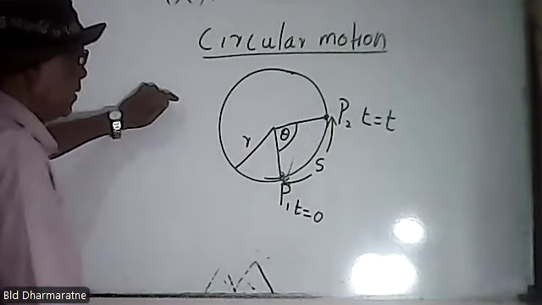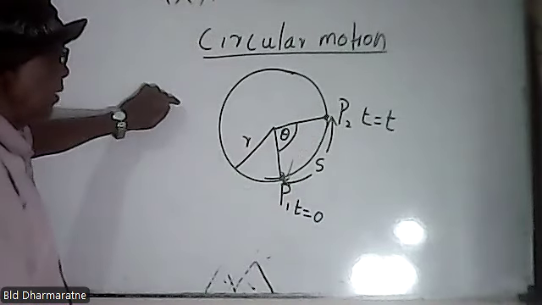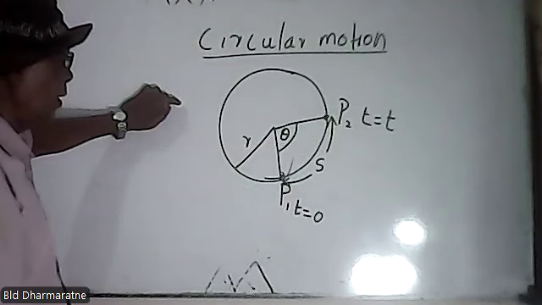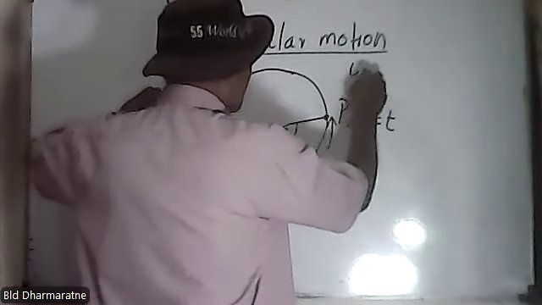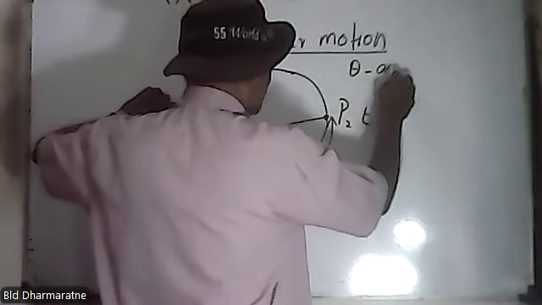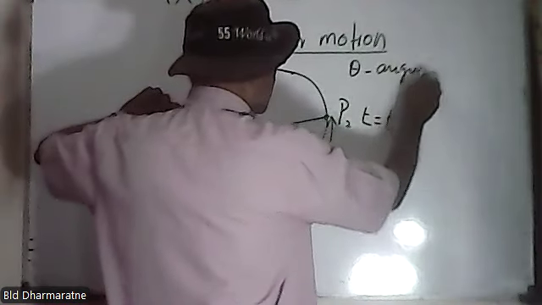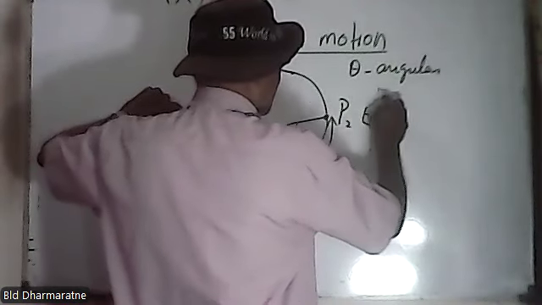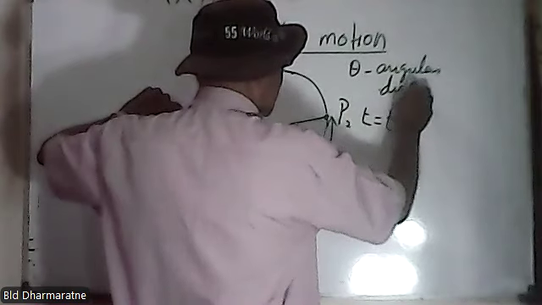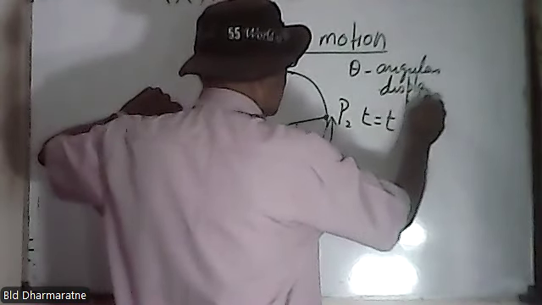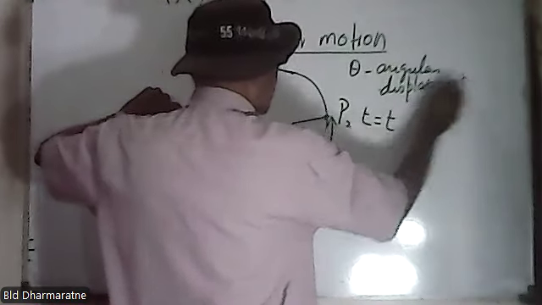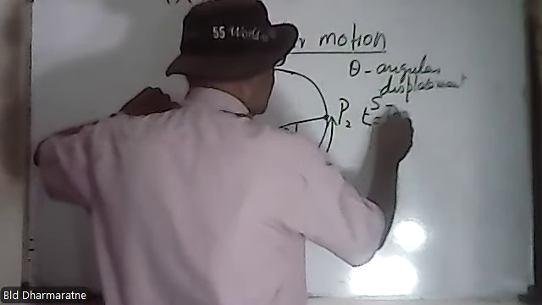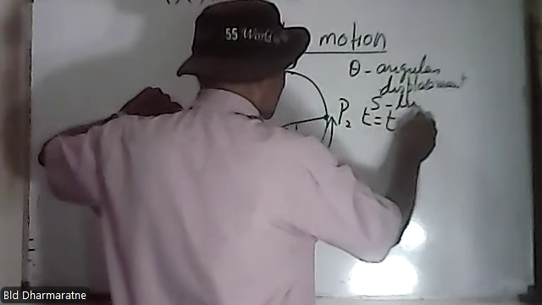Theta is the angular displacement, and S is the linear displacement.